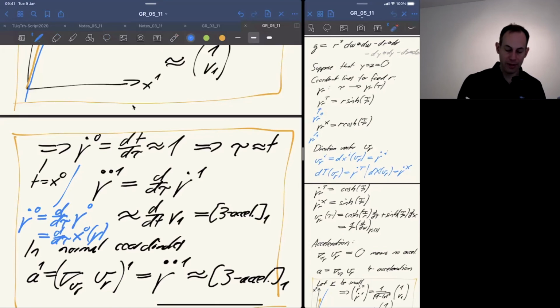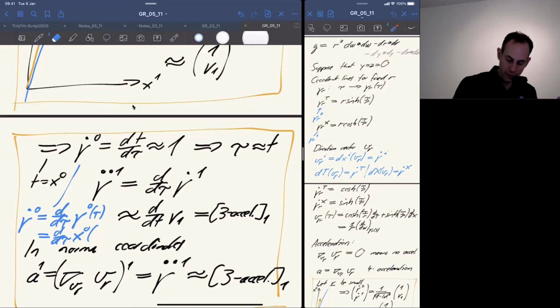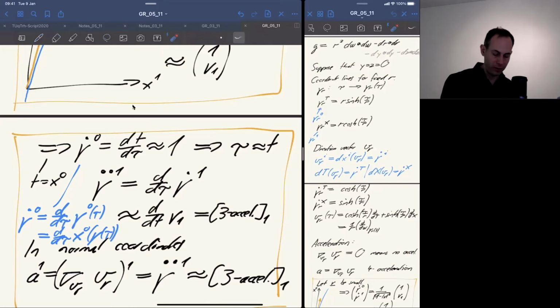And of course, everything depends on tau. So if I would do it more explicitly, there would be an argument tau here, and here as well. Let me write it, gamma of tau. So see this, there's a lot in this notation. So gamma dot 0 actually means this.